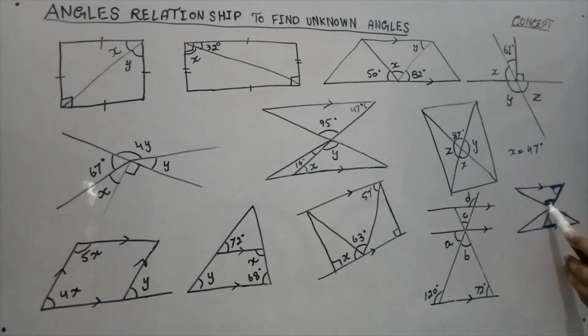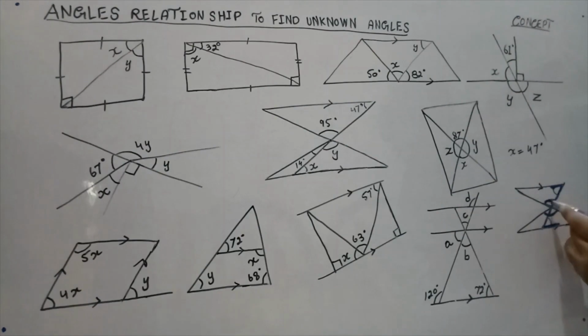It means that this angle, because these two are straight lines, this one is the first straight line, this one is the second straight line, so vertically opposite angle says that the opposite angles, this angle will be equal to this angle.